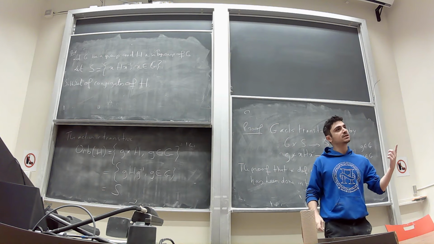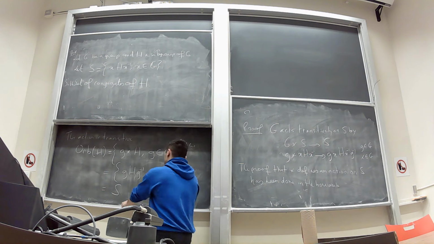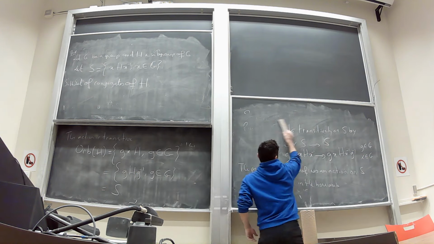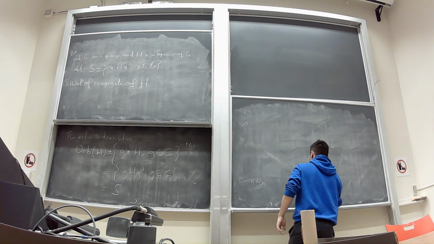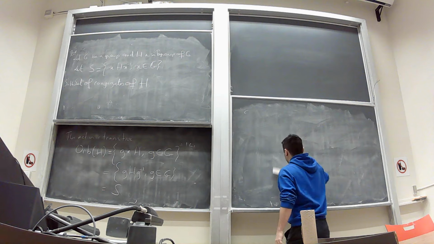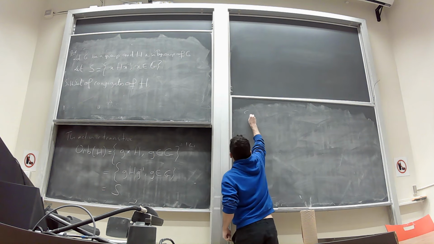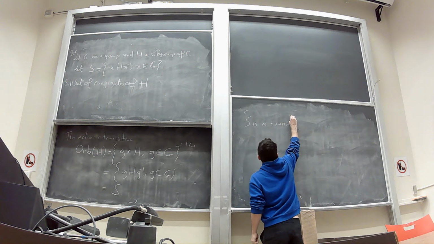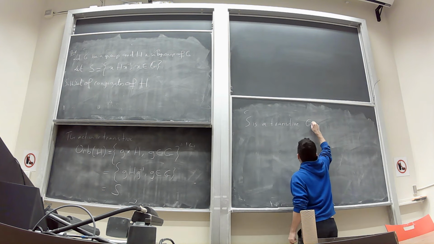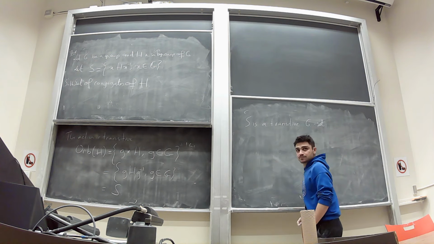One orbit, which is the whole set. Hence G acts transitively on S, or S is a transitive G-set.